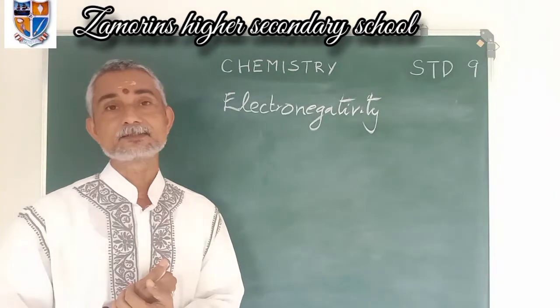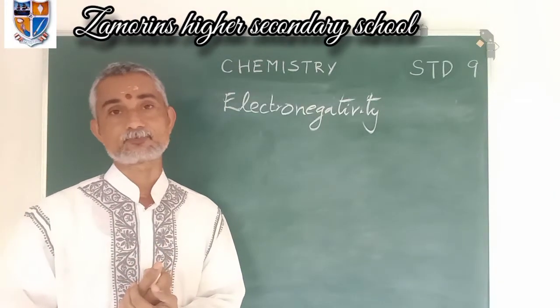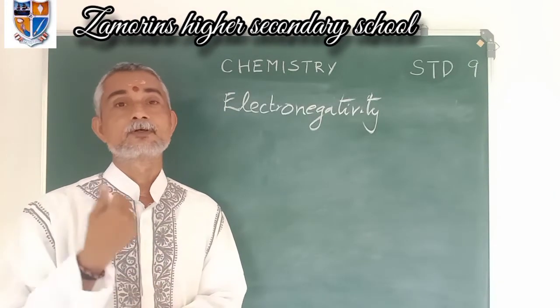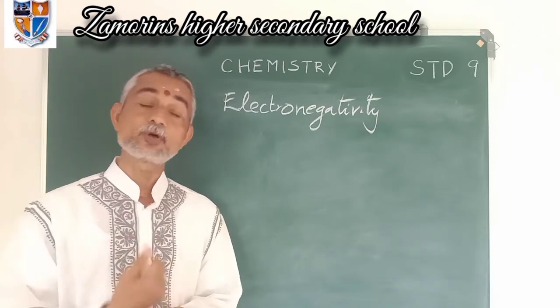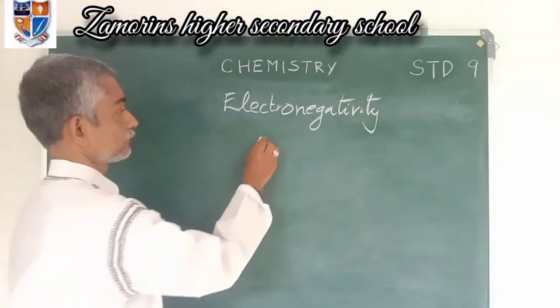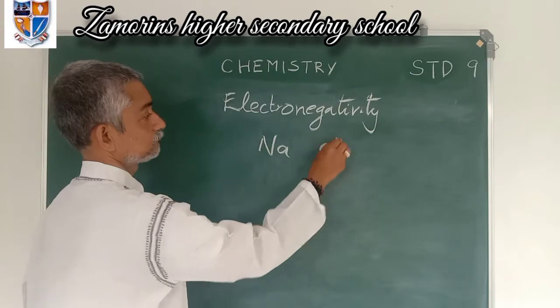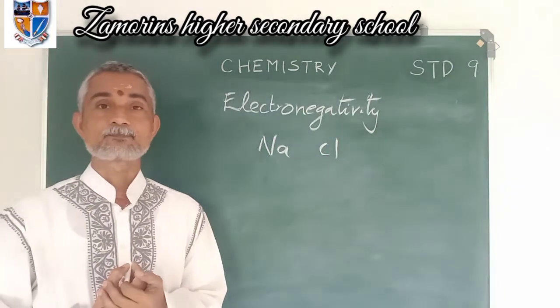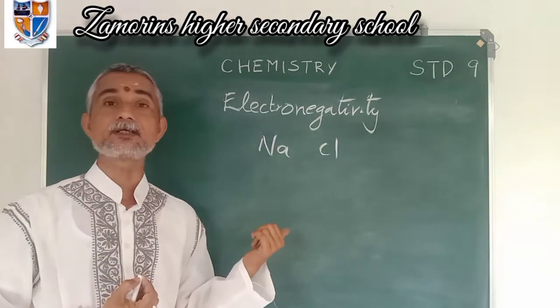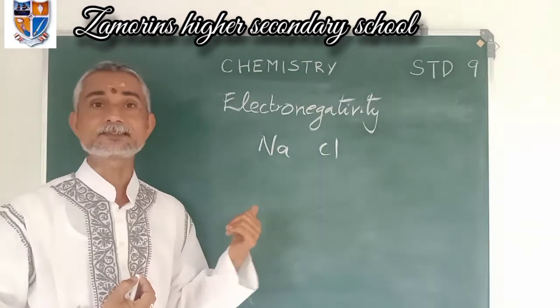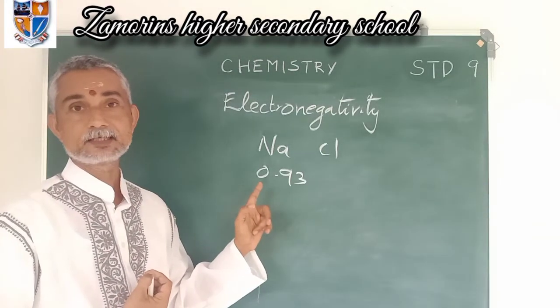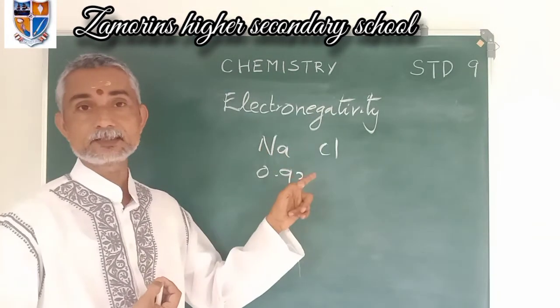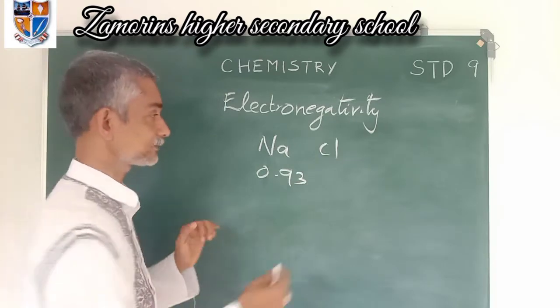And here let us see an example of sodium chloride. The electronegativity of sodium is 0.93 and for chlorine 3.16.